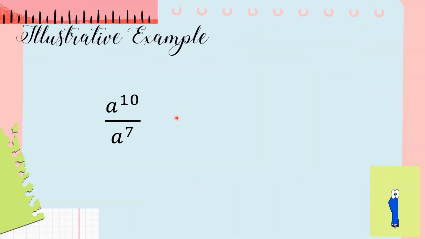For example, a raised to 10 divided by a raised to 7. So we have the base a, and the exponents 10 and 7. So we just subtract 10 and 7. So we get a raised to 10 minus 7, which is 3. So a raised to 10 divided by a raised to 7 is a raised to 3.